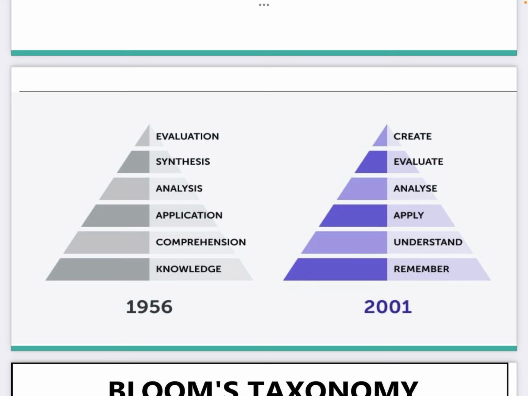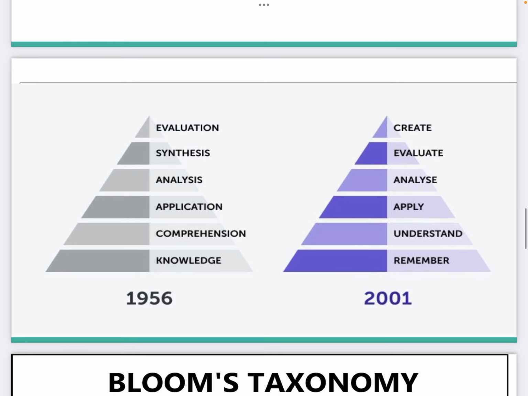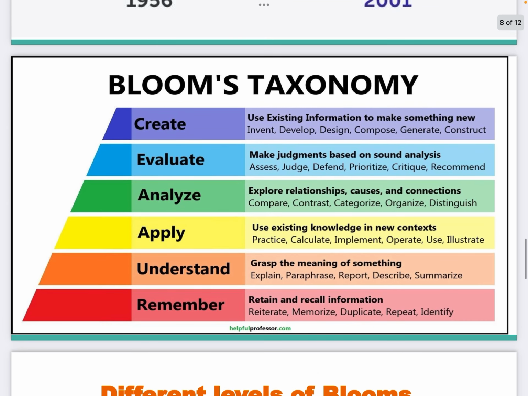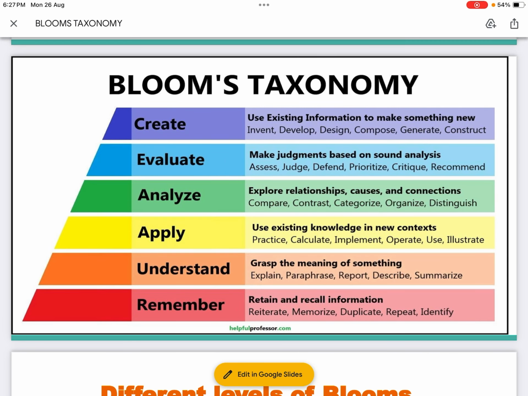So let us see what is happening here. This is Bloom's taxonomy, and the lowest, basic level is remember. This is a stage of learning: memorizing basic facts, definitions, principles, theorems.